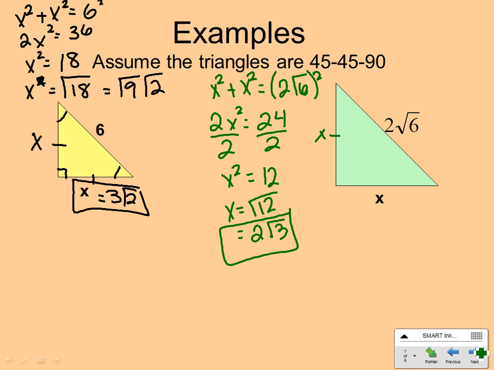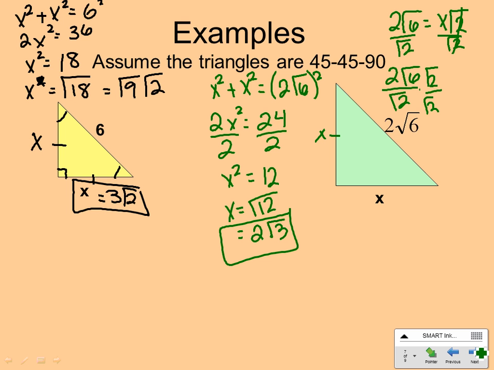Okay, now, shortcut. 2 radical 6 is equal to, well, my general equation, they got that by taking some number times radical 2. So get x by itself, divide out radical 2. So now I have 2 radical 6 over radical 2 times radical 2 over radical 2, because we know we can't have that radical 2 in the denominator.